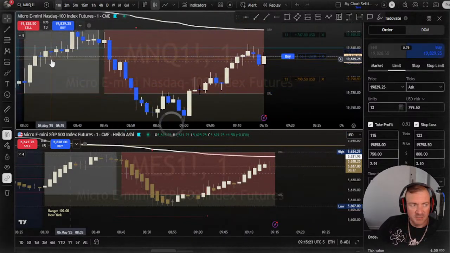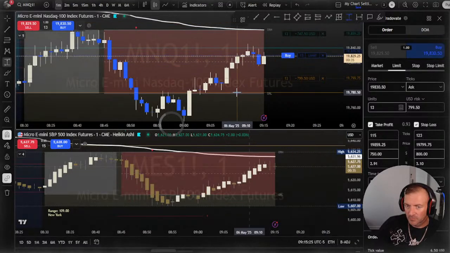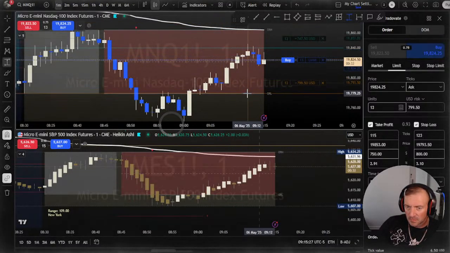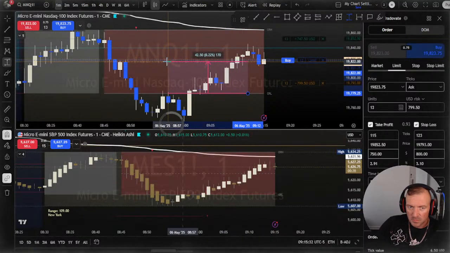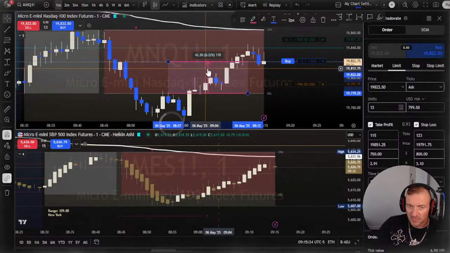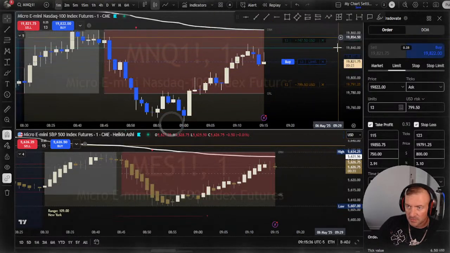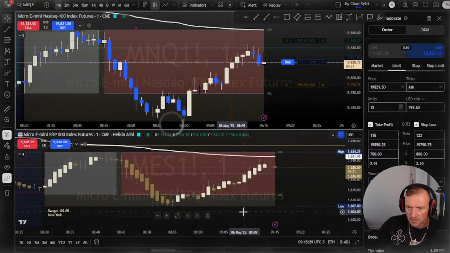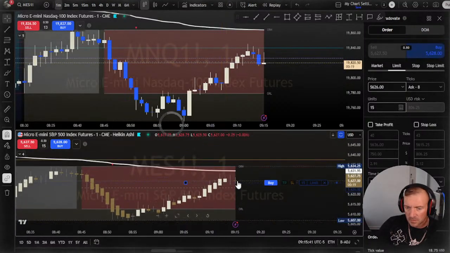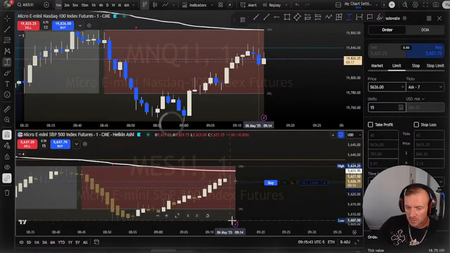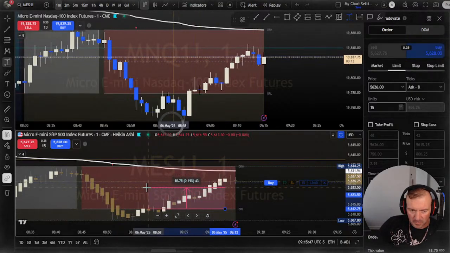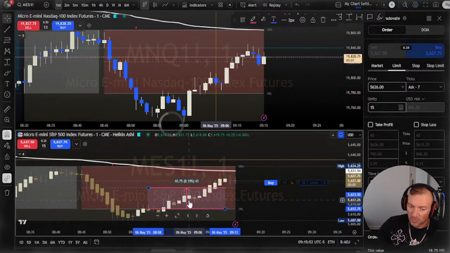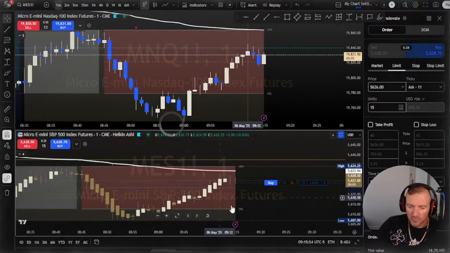How many points is it from the 50% here? Let's go from here to there. So about 170 points for the 50%. And what is it on the S&P? Right there, so about 43.